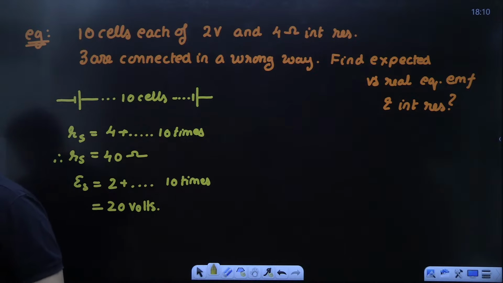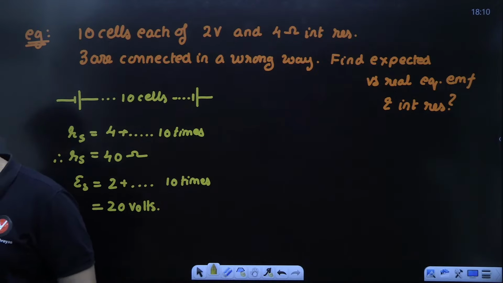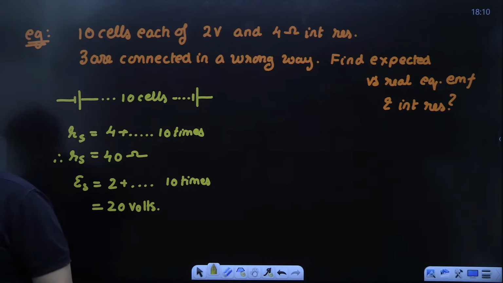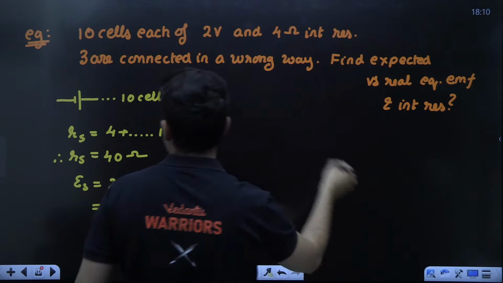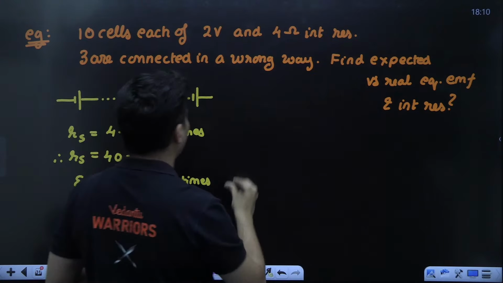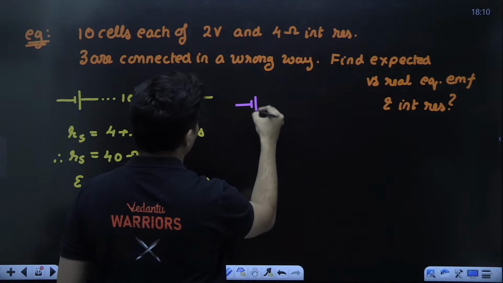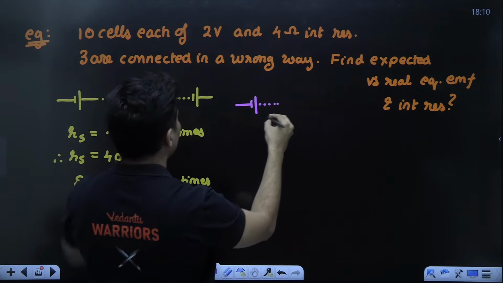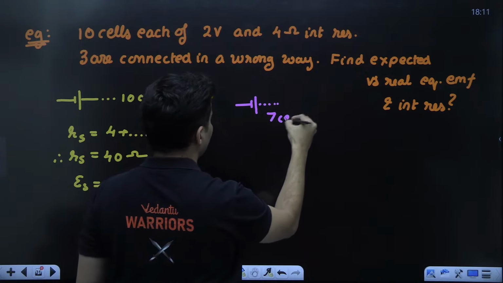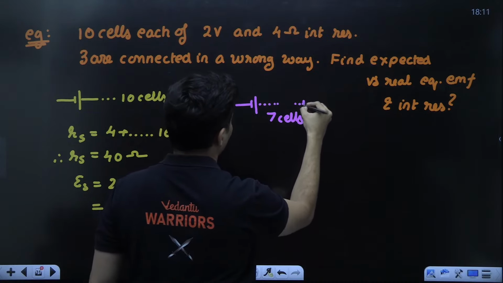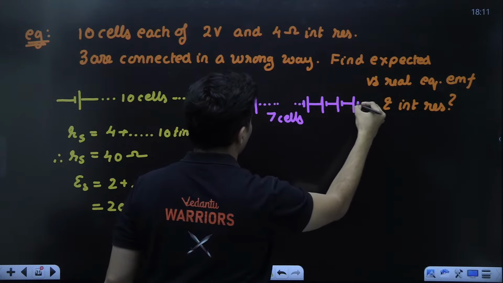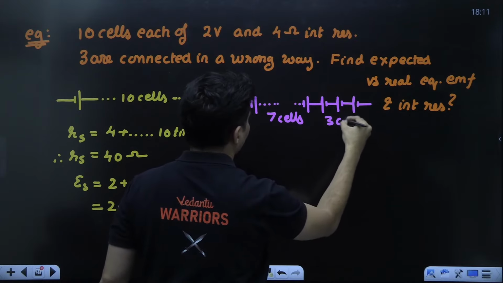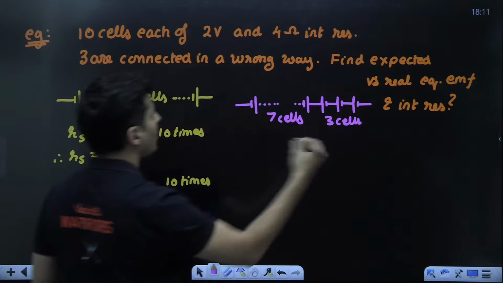But do you think you will get 20 volts in reality, my dear warriors? No, right? Correct, because some of them are wrongly connected. So think of it this way: there are only 7 cells which are connected in the proper manner, and 3 cells which are connected in the wrong way.